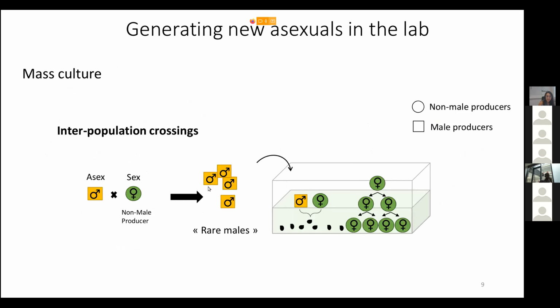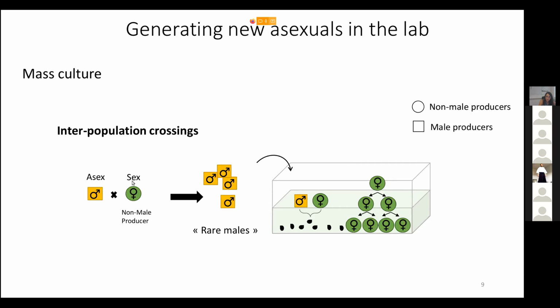So how did we do that? Thanks to the existence of another completely independent phenotype, called the non-male producer, which would be in circles in my presentation, we were able to use a mass mating approach.